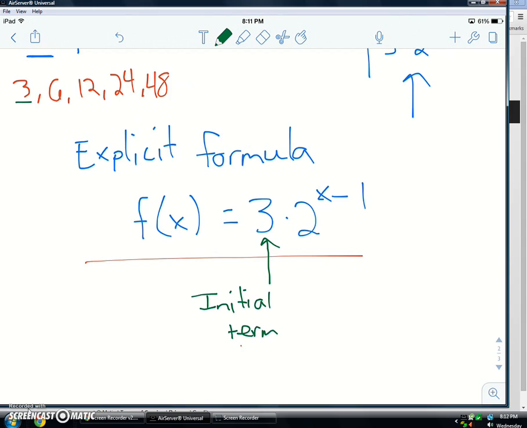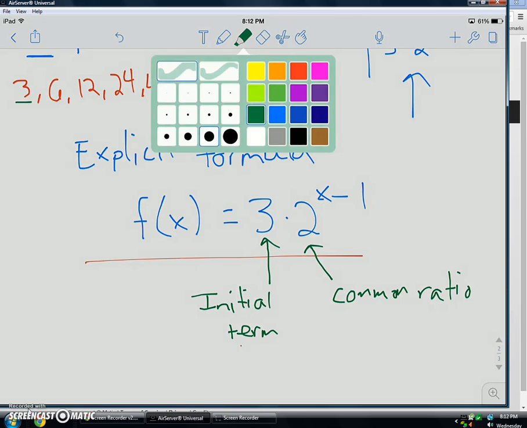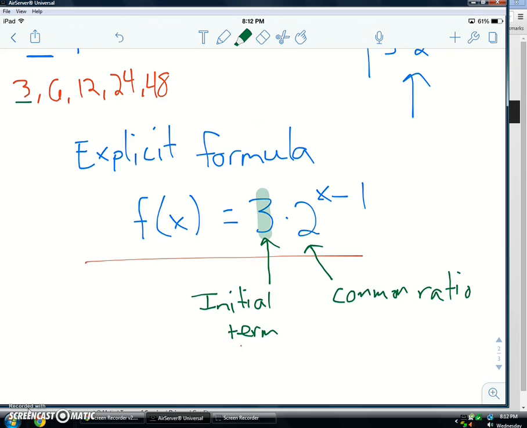And then, magically, this 2 popped up. And if you recall, that 2 was our common ratio. So we have our initial term of 3 right here times our common ratio 2, then raised to this exponent x minus 1. You might be thinking, oh man, that's a great coincidence that just happened.